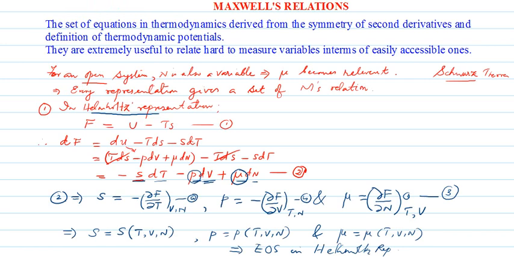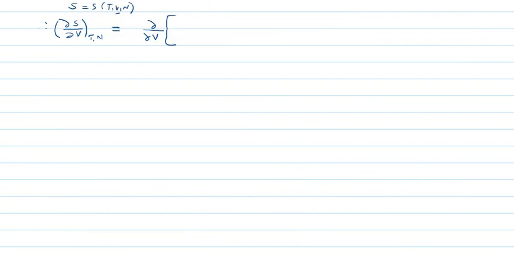S is equal to minus ∂F/∂T at constant V, N. See that you use the variables along with that one, and this ∂/∂V was taken with respect to T and N. So I'm retaining that T and N along with this V. Whatever I have written at the end is applicable to the first derivative, and these variables are applicable to the inner derivative. Be careful about that one.